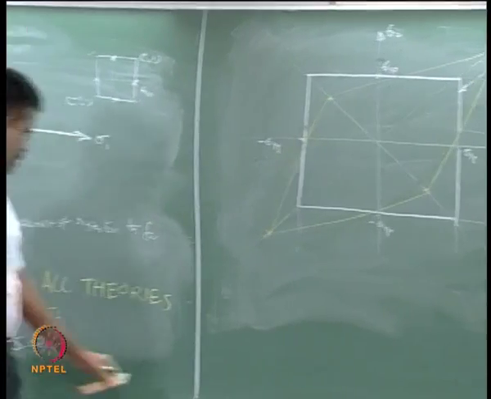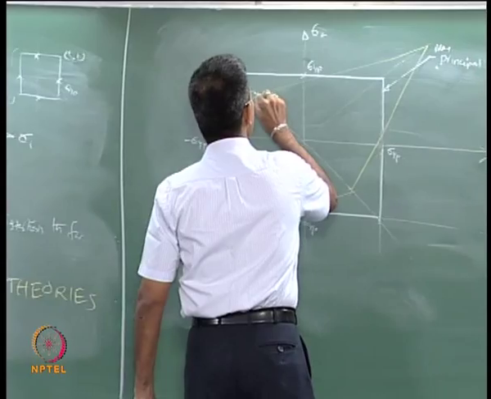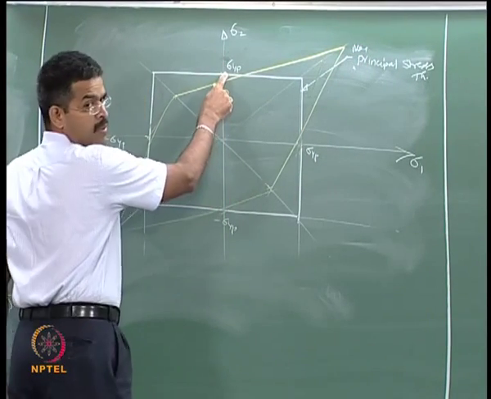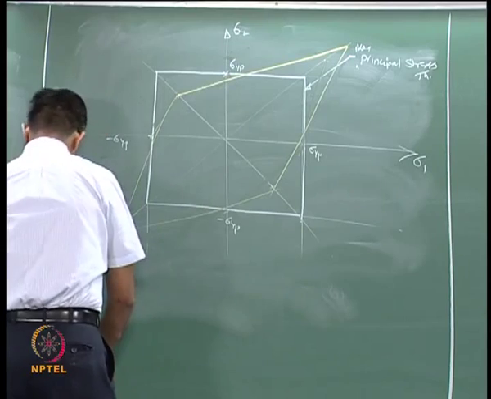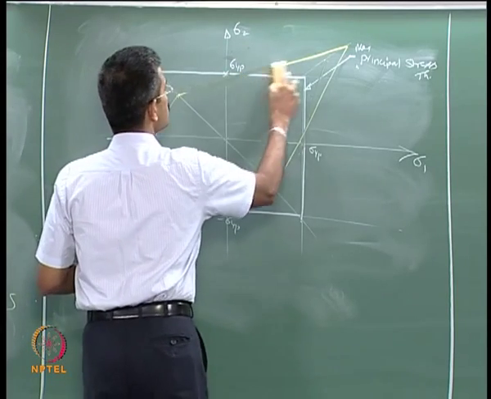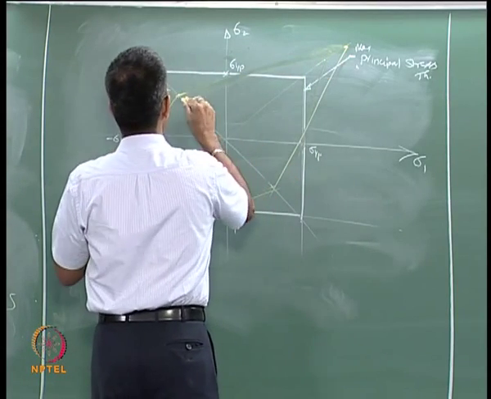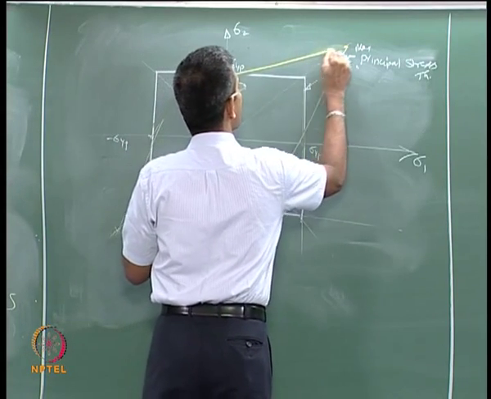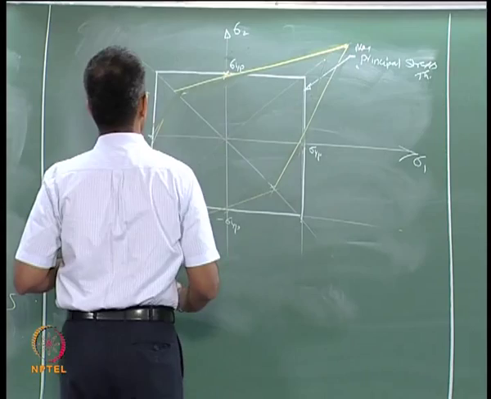Okay. So, let me draw this. See, this has to pass through sigma yp. Okay. It has to pass through sigma yp.